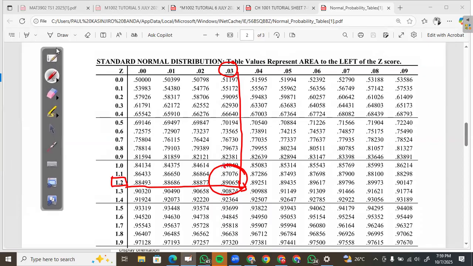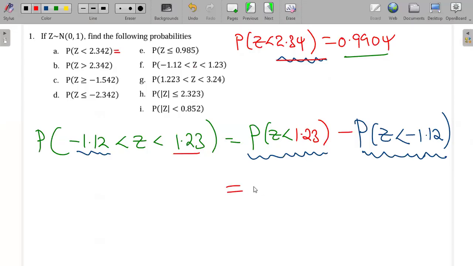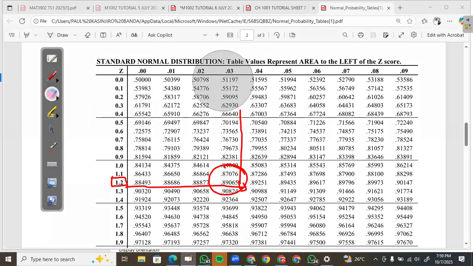So I can come here and write 0.89065 minus, and I get the next value from the negative Z score table. Let's go and get that value on the negative Z score table.